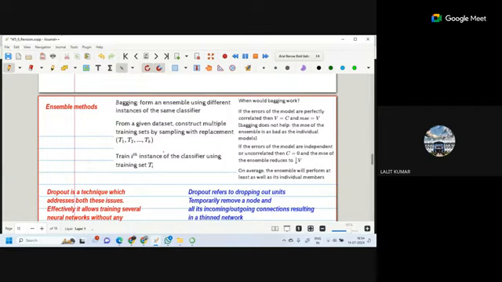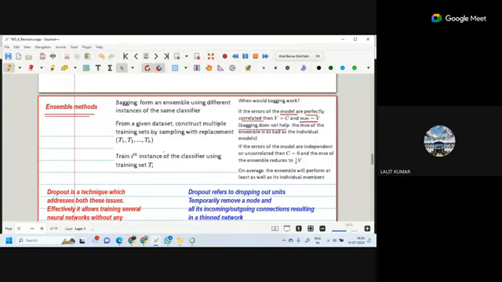Then we come to ensemble methods. Of the ensemble methods, only bagging has been covered in the lecture. In bagging, we use different instances of the same classifier, and for a given data set, we construct multiple training data sets by sampling with replacement. When bagging works: if the errors of the models are perfectly correlated, then MSE is equal to V, and the bagging does not help.